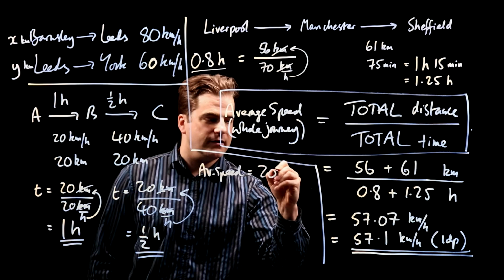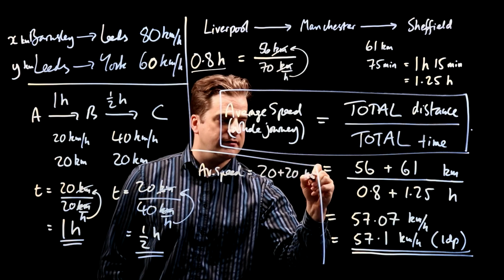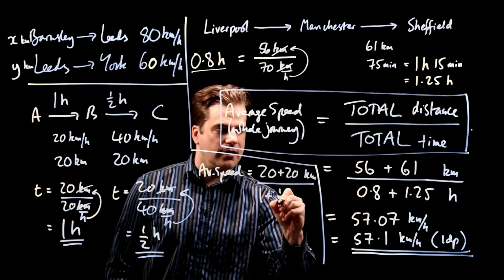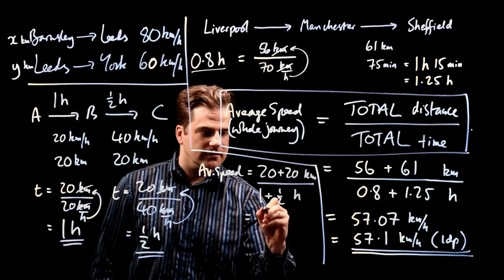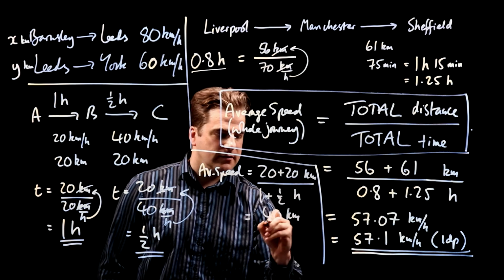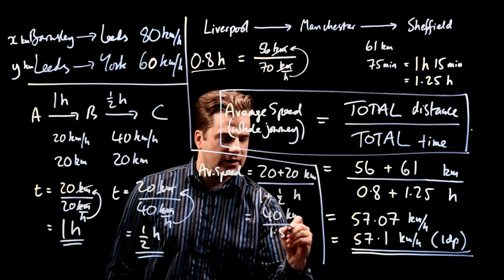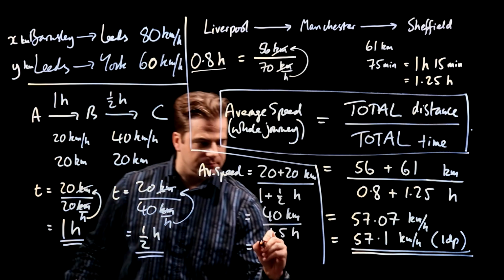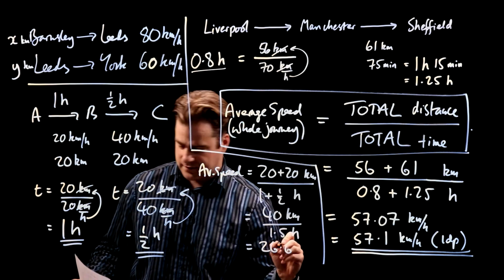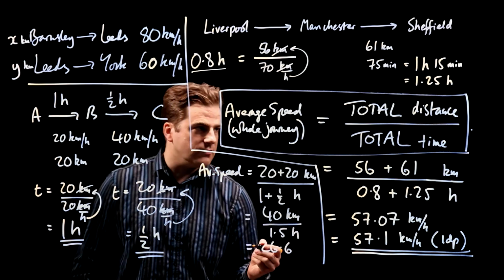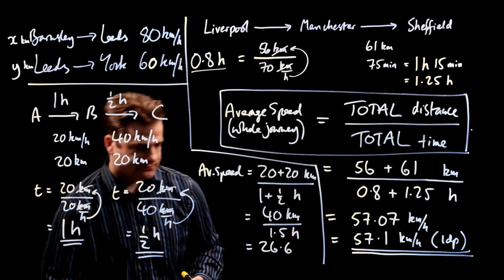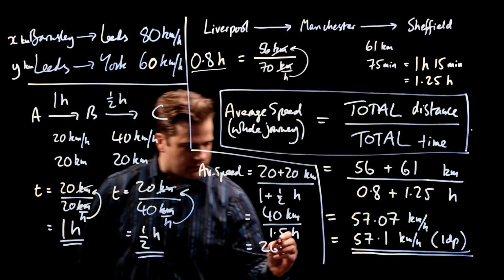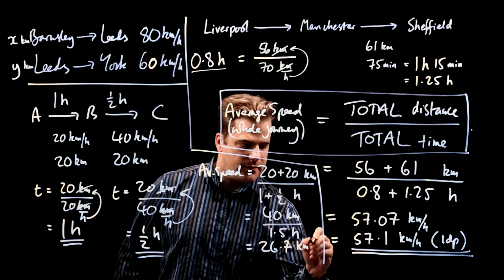So that's 20 plus 20 kilometers over the total time. 1 plus half hours, which is 40 kilometers per 1.5 hours, which is, stick that in your calculator and you get 26.6 recurring, so 26.7 kilometers per hour.